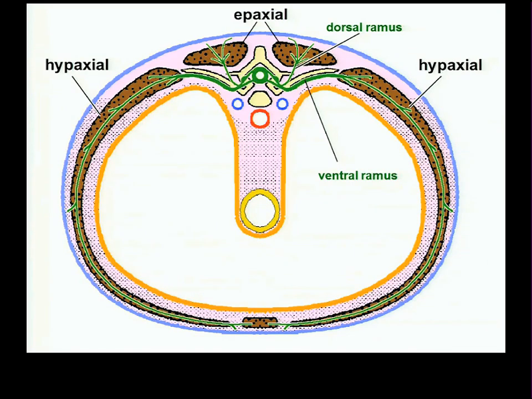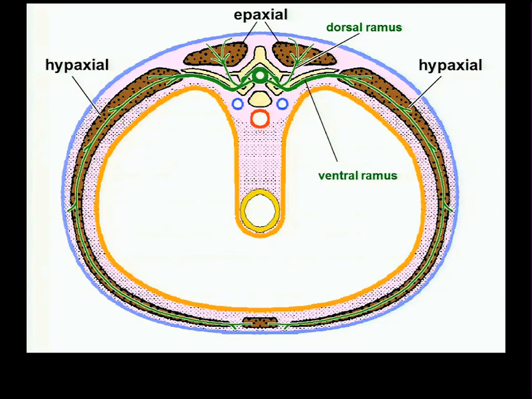We learned that the body wall is overwhelmingly comprised of somatic structures, that the somatic motor structures of the body wall are striated muscle, and that the tendon, the dermis, the ligaments, the bone, the fascia, those are all somatic structures as well, just not motor in nature. That spinal nerves were created for the purpose of innervating the somatic structures of the body wall.